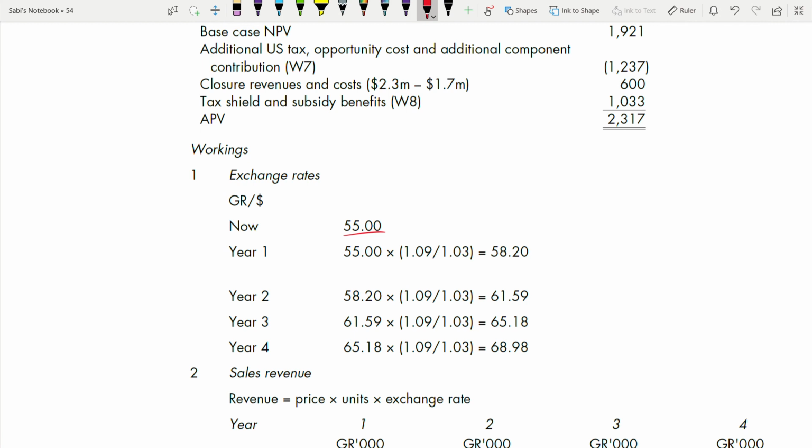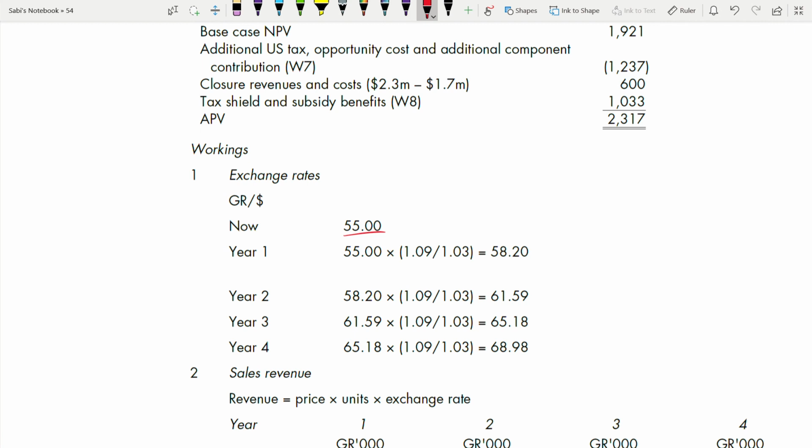If you are given the inflation rates of the two countries and the spot exchange rate, you can predict the exchange rate for the other 4 years. That is known as purchasing power parity, PPP, where you use the inflation rates of the two countries to predict exchange rates. So you have to use the inflation rate.